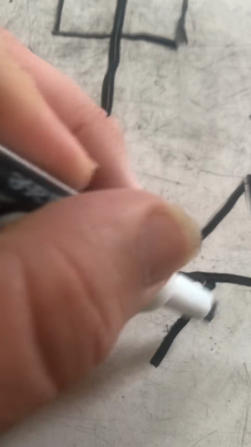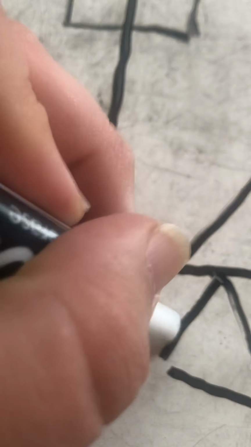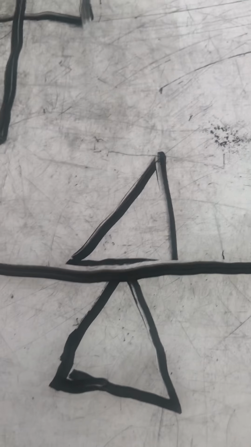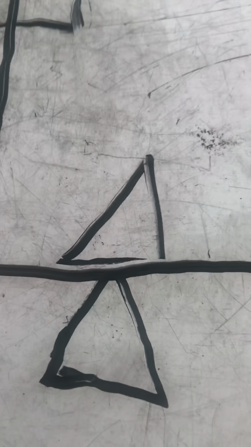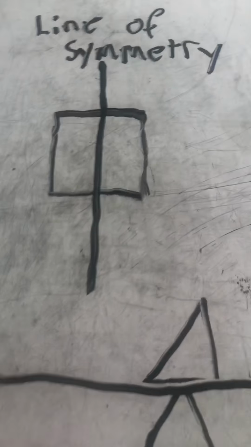Say I have a shape like this, kind of like two triangles stacked on each other. We're going to pretend those are the same measurements. And it goes through like this. While these are the same shapes on both sides, they are not mirror images. So that line would not be symmetrical. Remember, a line of symmetry splits something completely in half where both sides are mirror images of each other.